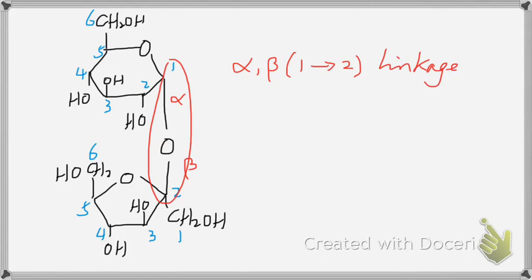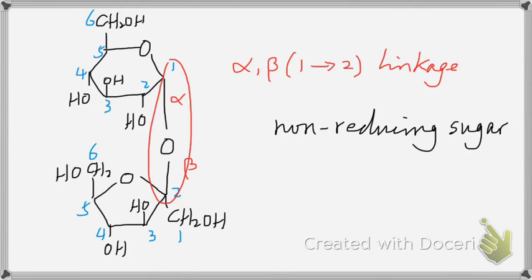So this linkage is called alpha-beta 1,2 linkage. It's a head-to-head linkage. And sucrose is a non-reducing sugar because it does not have a free OH on the anomeric carbon.